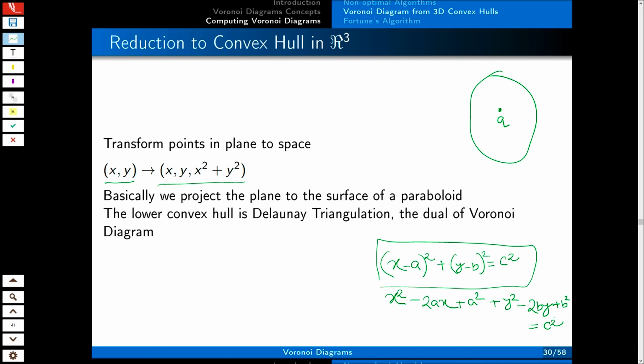If I substitute x square plus y square equals z, what will I get? z minus 2ax minus 2by equals c dash, a new constant. What is this the equation of? A plane, right? So a circle becomes a plane with this transformation.